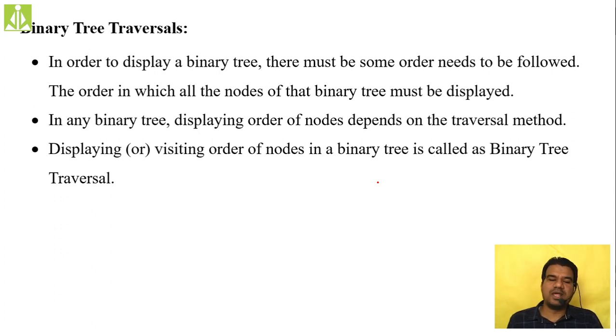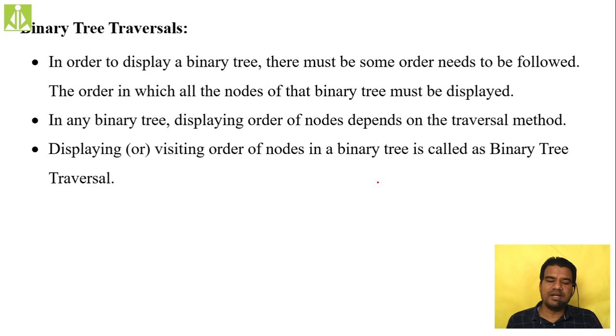In order to display a binary tree, there must be some order to be followed, the order in which all nodes of the binary tree must be displayed. If you go in one particular direction, the other direction we are missing, so how do we print the other direction? Because of that, there must be an order whenever we do the traversal operation on a tree.